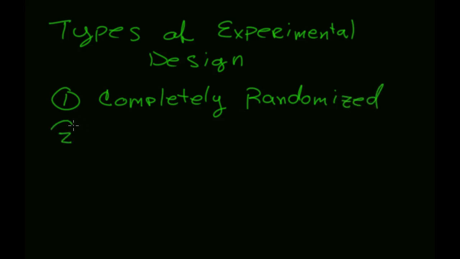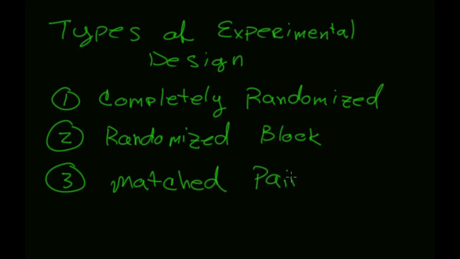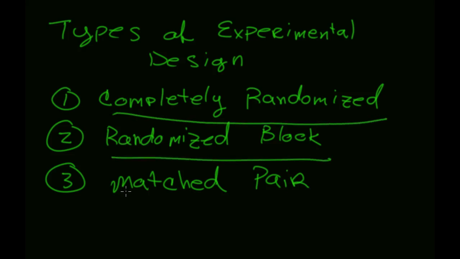Number 2 is something that we're going to refer to as a randomized block. And number 3 is something that we're going to call a matched pair. Okay, so these are going to be the 3 types we talk about. Completely randomized, randomized block, matched pair.